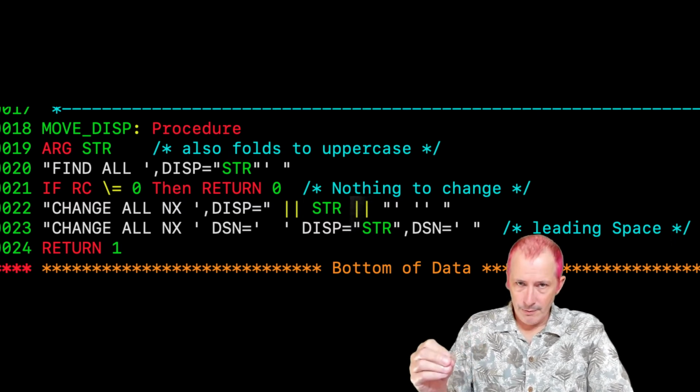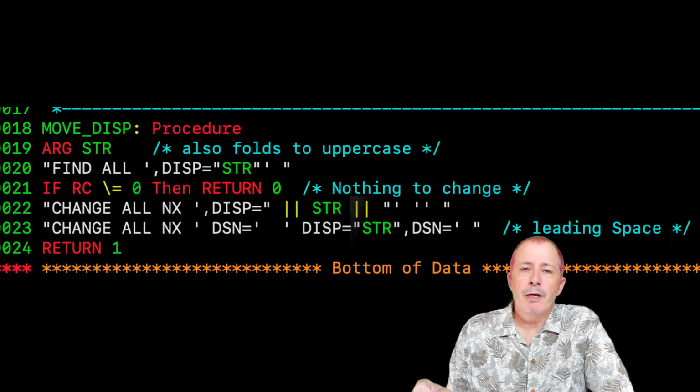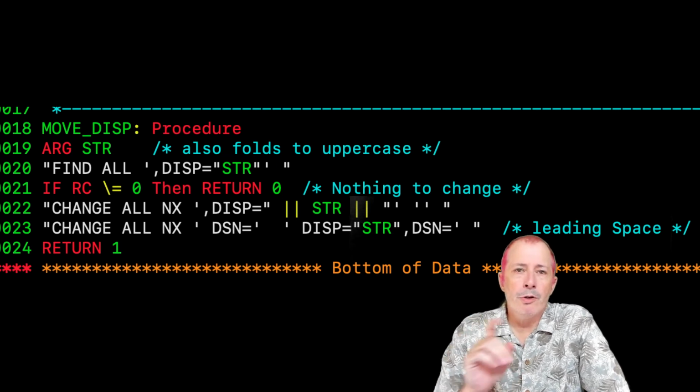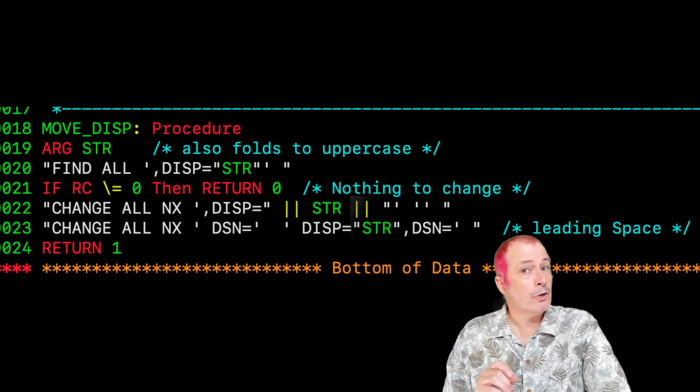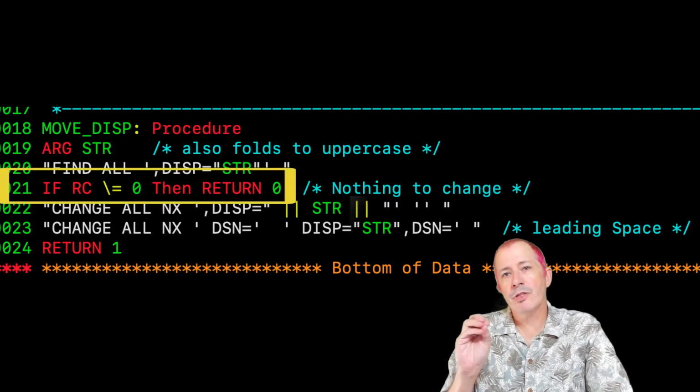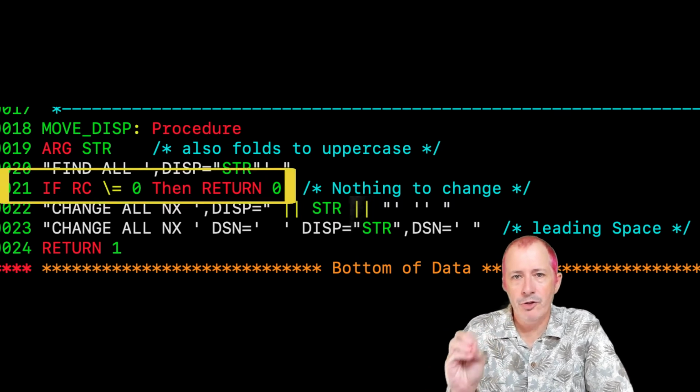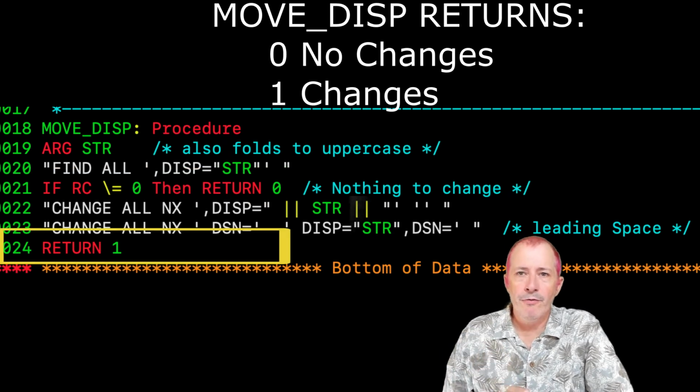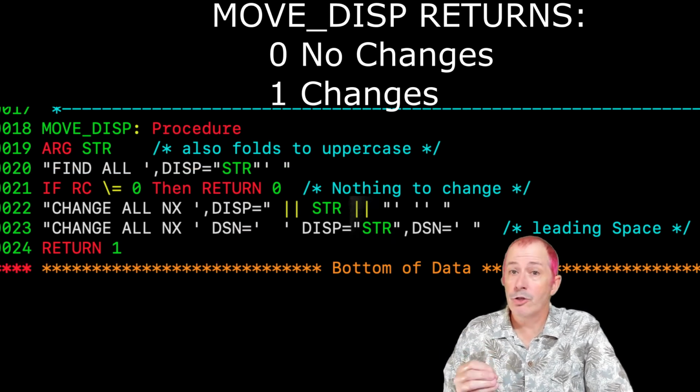Because the MOVE_DISPOSITION subroutine is being invoked as a function, the RETURN instruction has to return a value. Line 21 returns 0 if nothing was found to be changed, whereas line 24 returns 1 because changes were made.